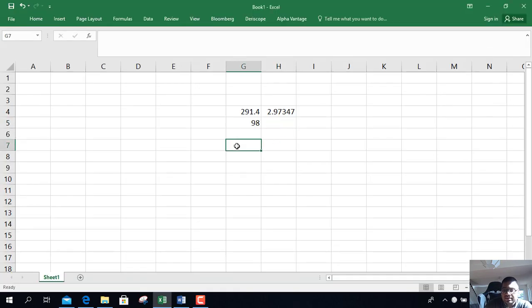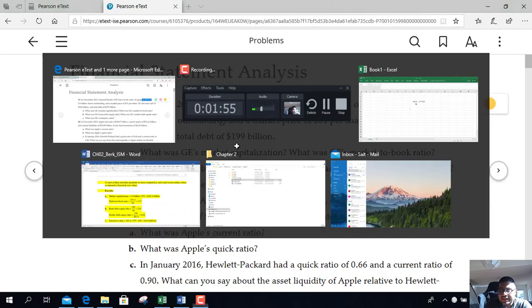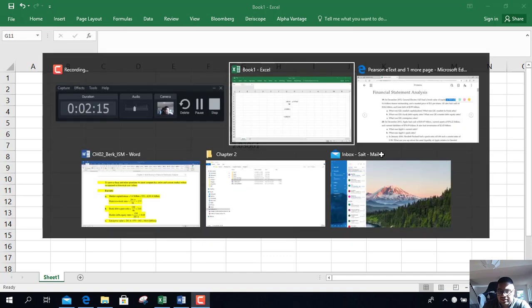In the first case, it will be total debt, 199 billion, divided by the book value of equity, that is 98. So it comes to 2.03. In the second case it will be 199, the debt that is given, divided by the market value of equity. So that comes to 0.68.